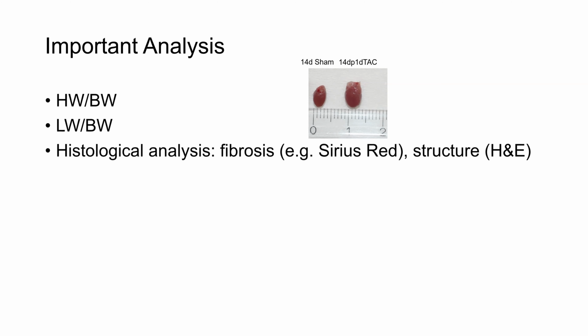And you can embed the hearts in OCT or in paraffin for further histological analysis, for example, fibrosis, using Sirius red staining, or checking the structure of the heart using H&E staining.